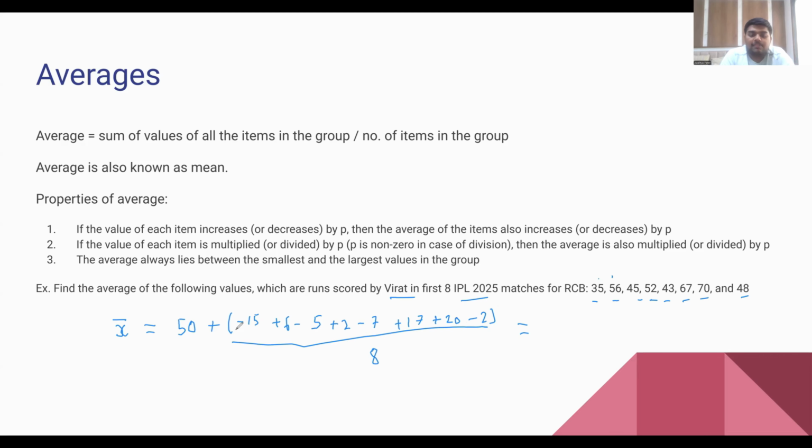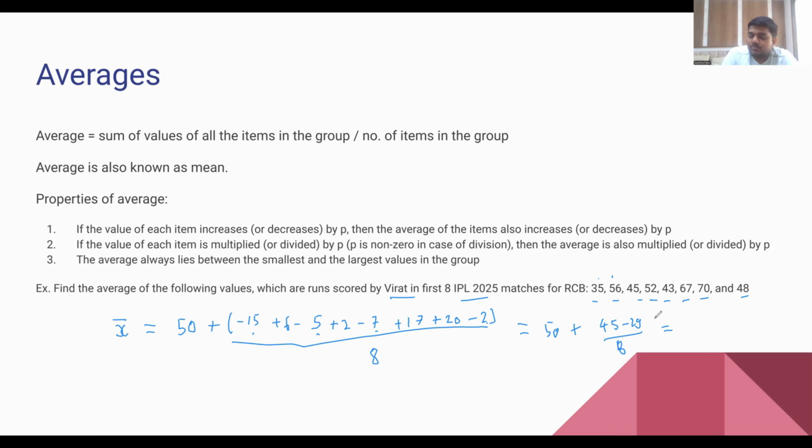So this way, if we do the summation, let us add the negative ones. 15 plus 5, 20, 20 plus 7, 27 plus 2, 29. And positive ones are 6 plus 2, 8 plus 37, 45. So this is nothing but 50 plus 45 minus 29 divided by 8.